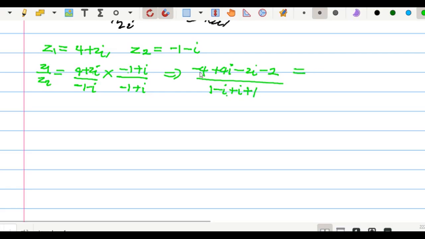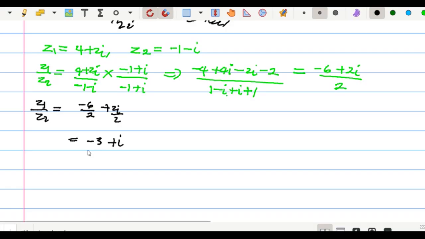So this is going to give us minus 4 minus 2, that is minus 6, then plus 4i minus 2i is going to give us plus 2i, dividing 2, right? So if you want to split this now, z1 over z2 is going to be equal to minus 6 over 2 plus 2i over 2, which we know is going to be minus 3 plus i.